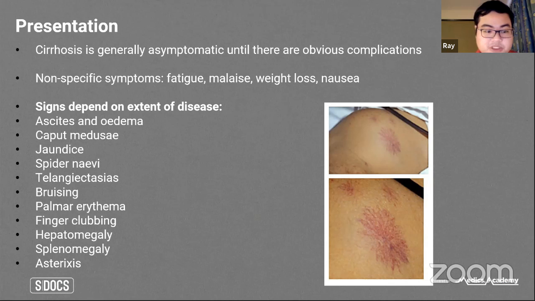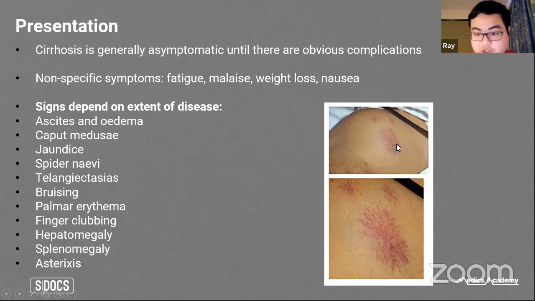Caput medusae is a liver sign with distorted veins that resemble, if you're familiar with Greek mythology, Medusa the Gorgon with snake-like hairs, and that is how this sign was named. And also jaundice, a yellow tinge of the sclera and skin.